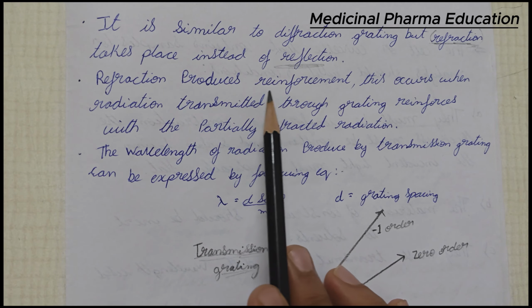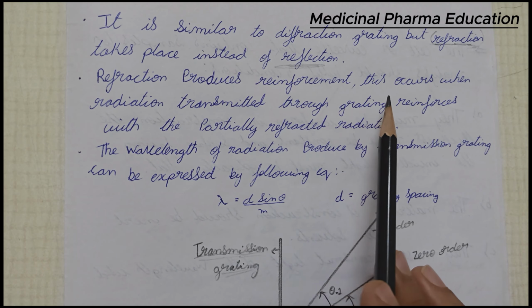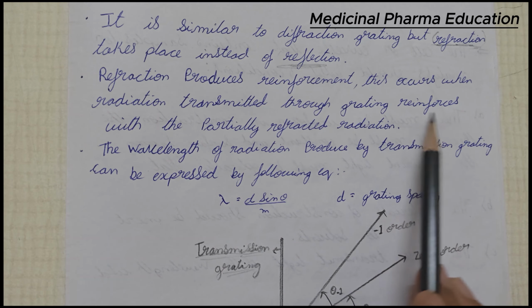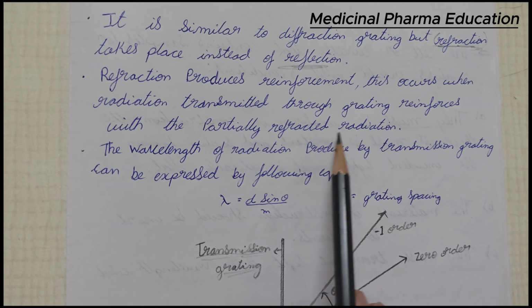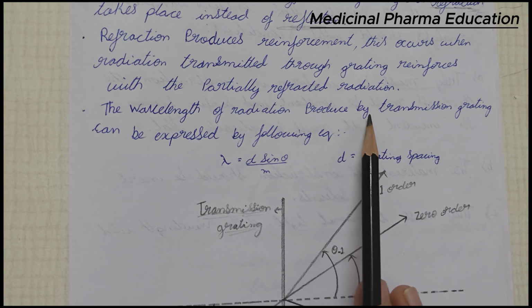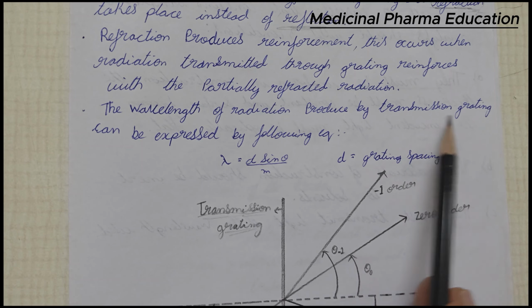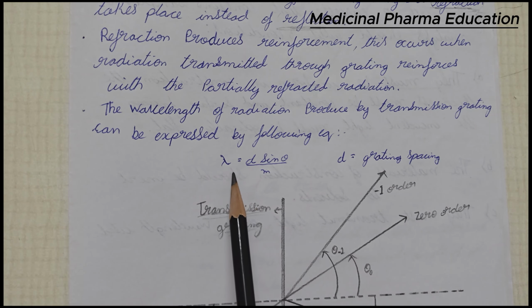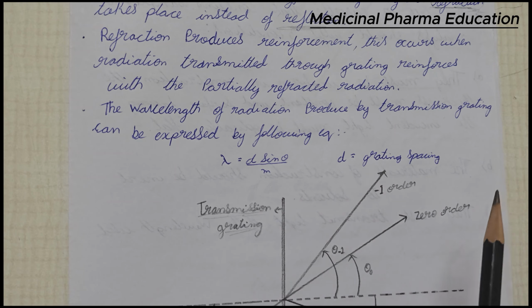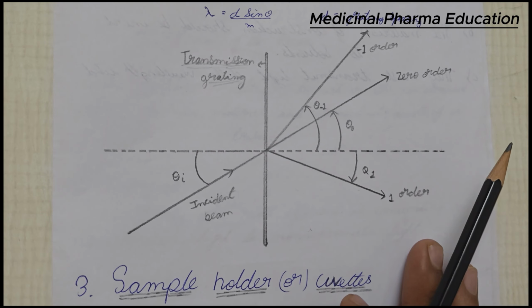Refraction produces reinforcement that occurs when the radiation transmitted through the grating reinforces with the particular reflected radiation. The wavelength of radiation produced by a transmission grating can be expressed by lambda equals d sin theta by m, where d is the grating spacing.